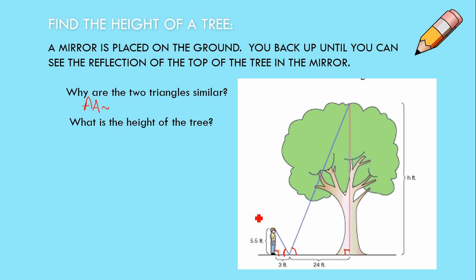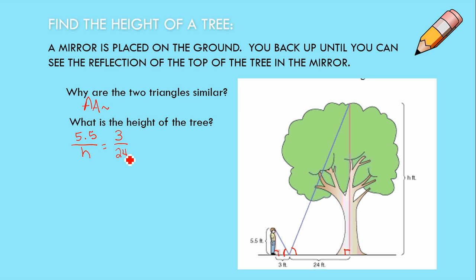So now if we were going to set up something to cross multiply here, we would say my height of 5.5 feet matches up with the height of the tree, h, just like the distance I am away from the mirror, 3 feet, matches up with the distance the tree is away from the mirror, 24 feet.